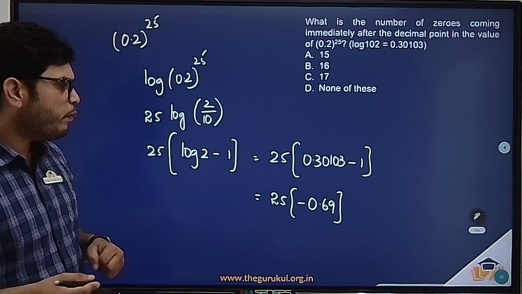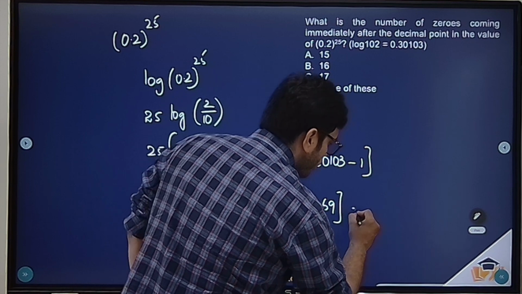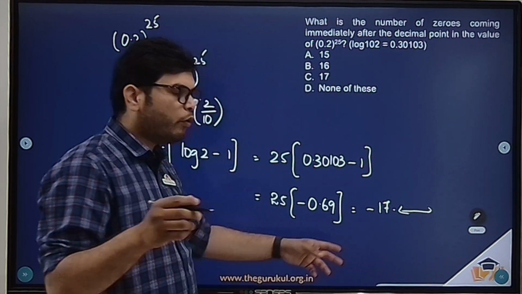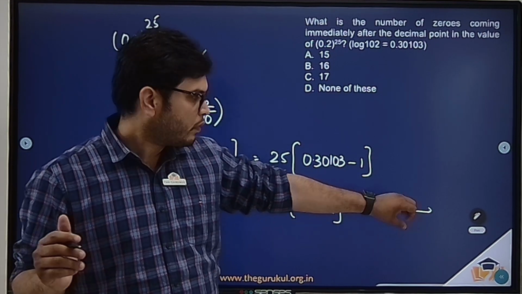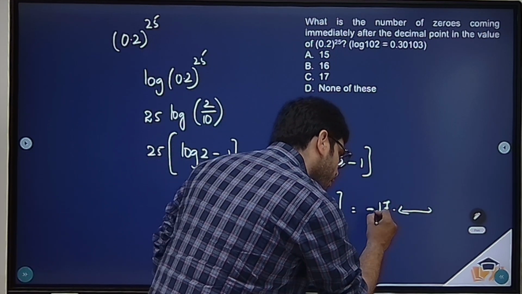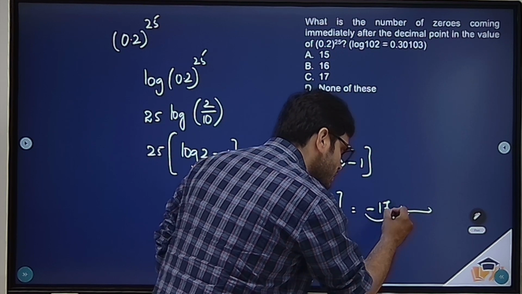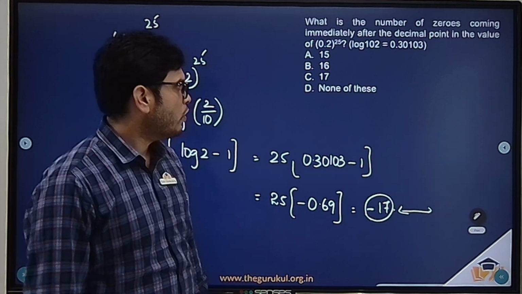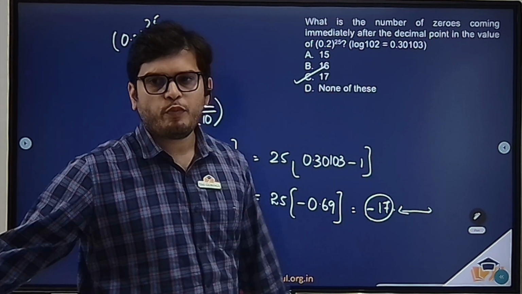Now 25 into minus 0.69 will be minus 17 point some decimal. Okay, you can ignore the decimal. Right. Now, if you have minus 17 point something, as discussed in the class, the number of zeros would be 17. So the answer for this question should be 17.